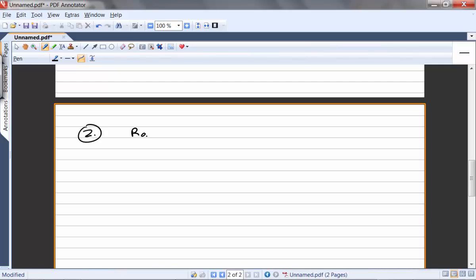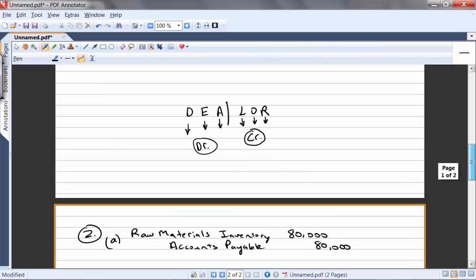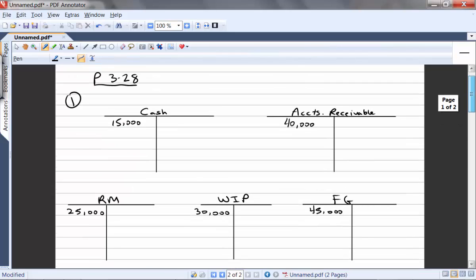So that means we're going to debit raw materials inventory. Debit the asset to make it go up, and credit the liability to make it go up, for $80,000, and this is part A. Let's go record that.